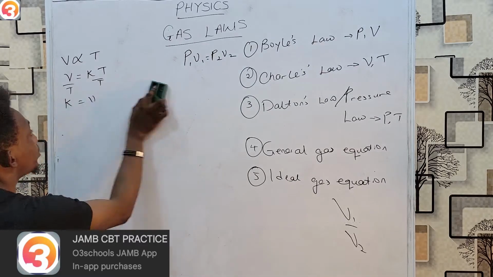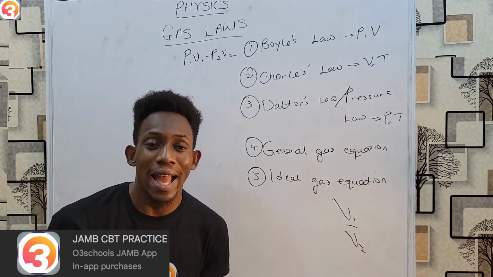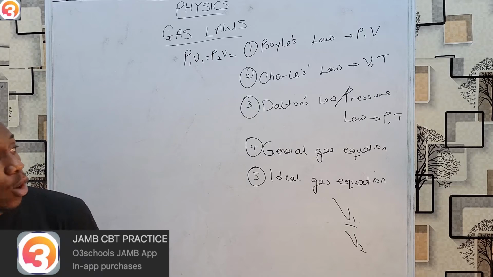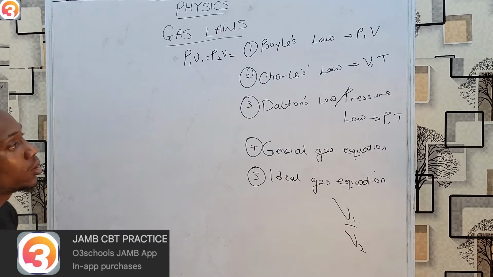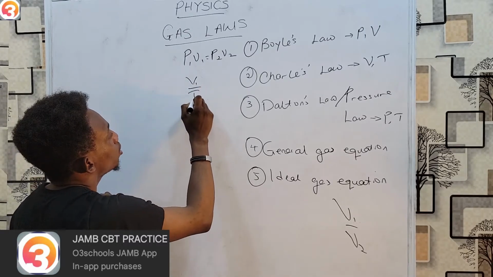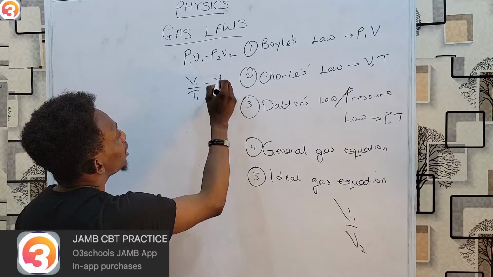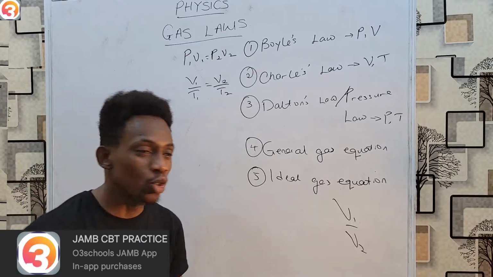Next up, the pressure law. As you can see there, it is between pressure and temperature. Now, this law simply states that the pressure on a gas is directly proportional to the temperature in Kelvin, provided the volume is kept constant.